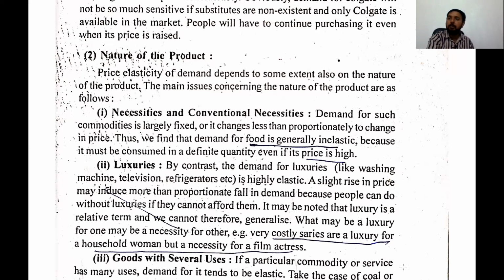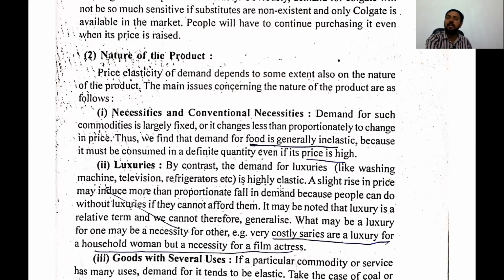But we also need to focus on that a car is a luxurious thing for poor people, but for rich people a car is not considered as a luxurious thing. So for someone it is a luxurious thing, but for other it is a common thing. So we can clearly see that by contrast the demand for luxuries like washing machine, television, is highly elastic.